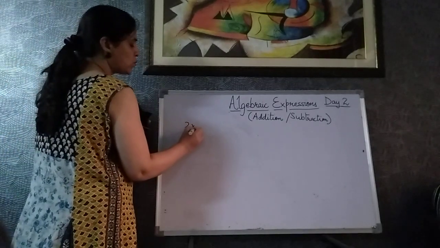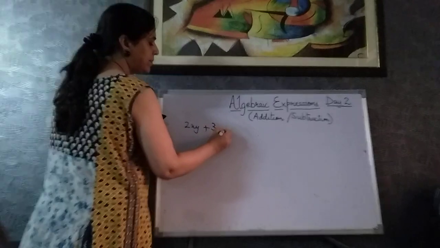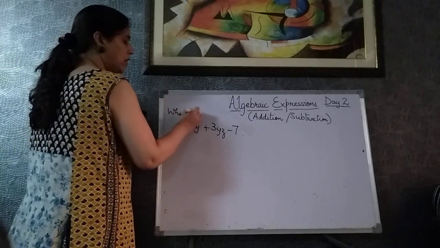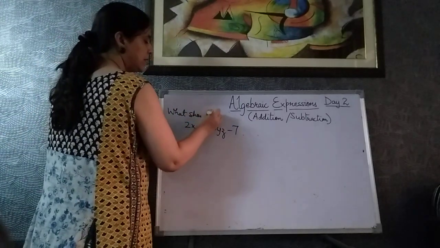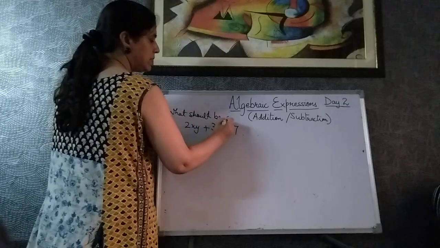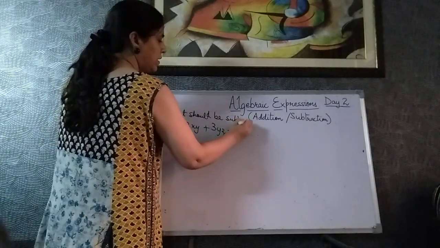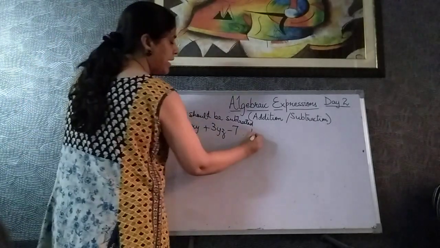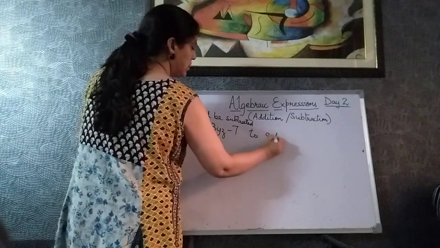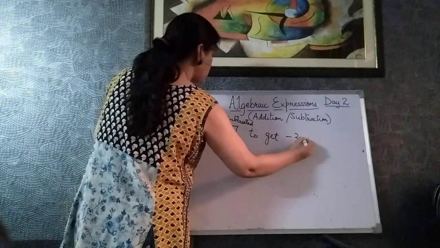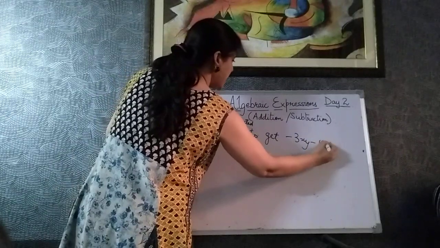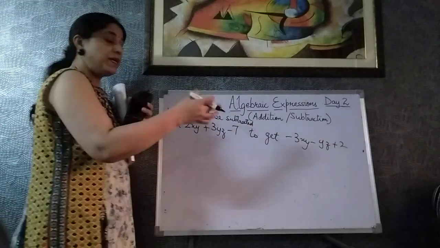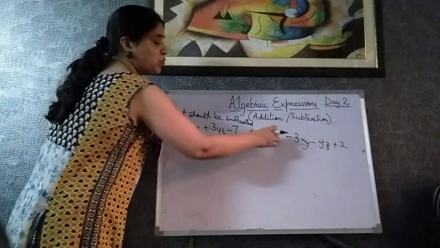If I say 2xy plus 3yz minus 7, what should be subtracted from this expression to get, suppose, minus 3xy minus yz plus 2?